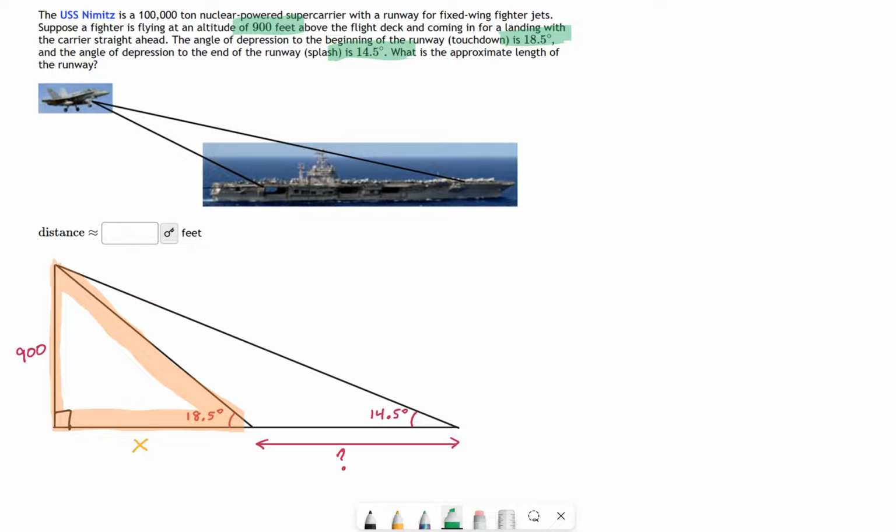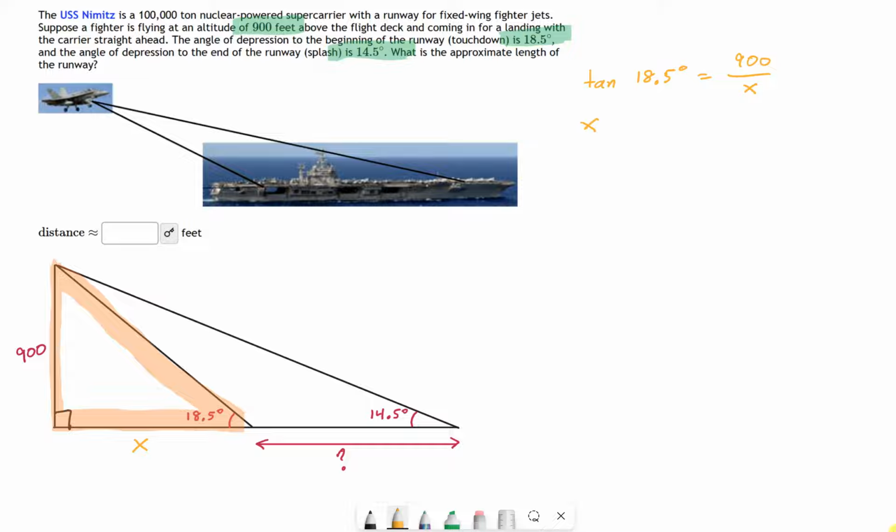And if I think about this in terms of adjacent and opposite, I know this is going to be a tangent function. Okay, so I'm going to say tangent of 18.5 degrees equals opposite, that's 900, divided by adjacent, that's x.